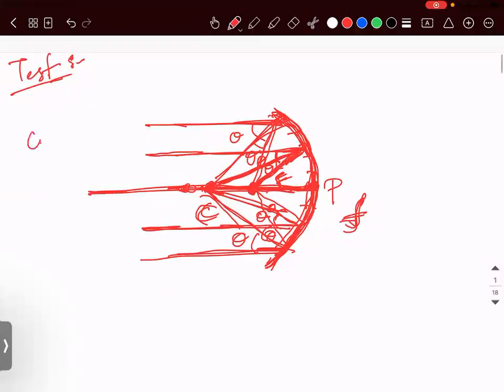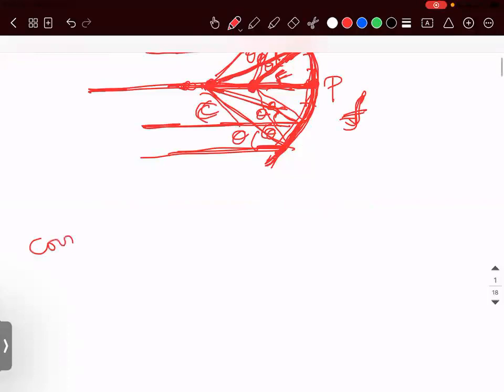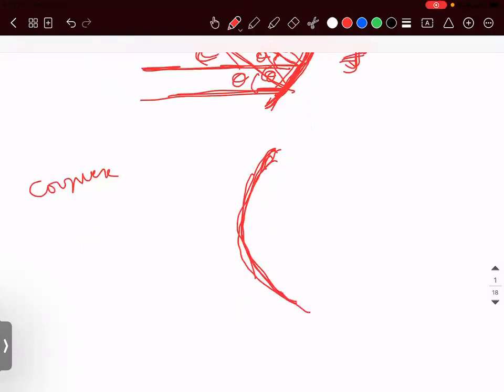Let's say this is for concave. Convex will be, okay, this is not so clear, but assume that it is a convex.